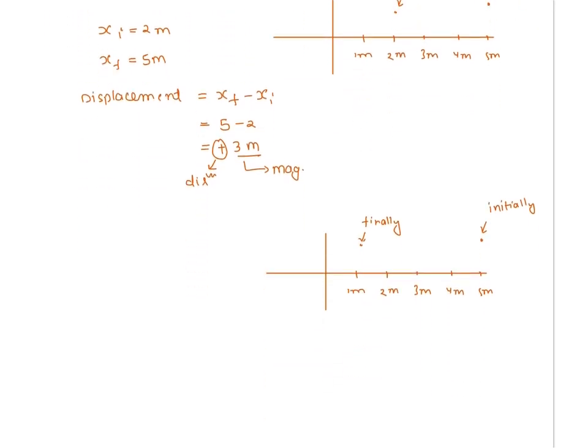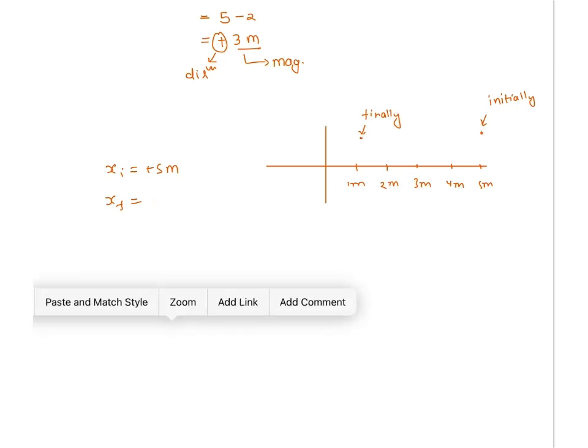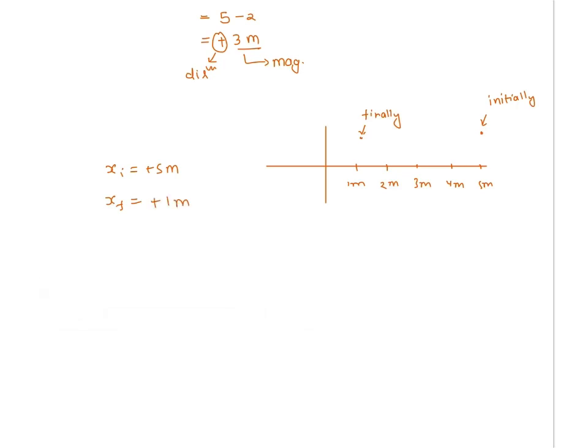Now let's see another example. Suppose initially our particle was here. So what is the initial position of our particle? That is plus 5. And what is the final position? If our particle reaches this point, it will be plus 1 meter.